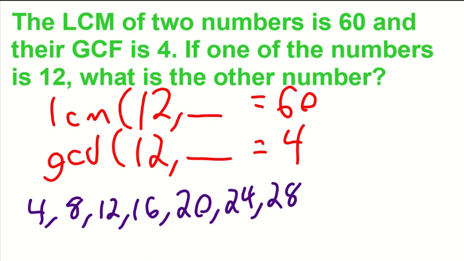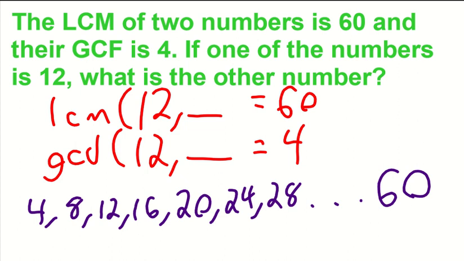We don't even really have to list all of them. We can just go a little ways usually, and that's probably going to be far enough. But we also need something that goes into 60. I could also have 60 on this list if I kept going, so 60 would be one of the possibilities.